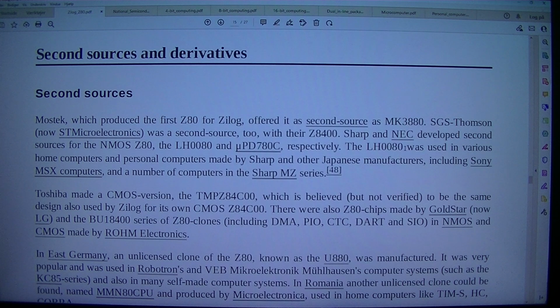Sharp and NEC developed second sources for the MOS Z80, the LH0080 and uPD780C, respectively. The LH0080 was used in various home computers and personal computers made by Sharp and other Japanese manufacturers, including Sony MSX computers, and a number of computers in the Sharp MZ series.